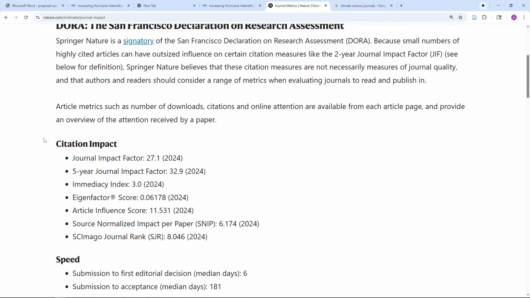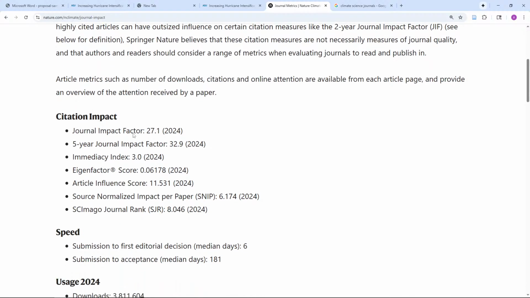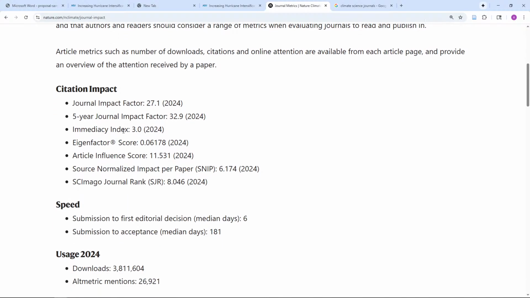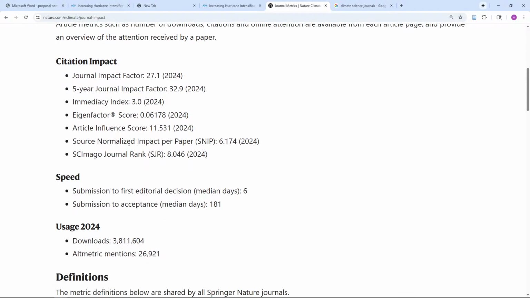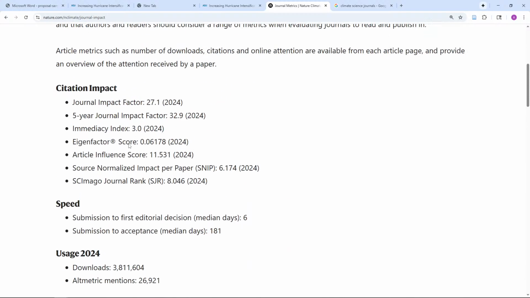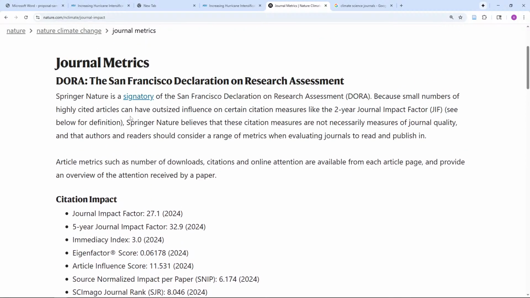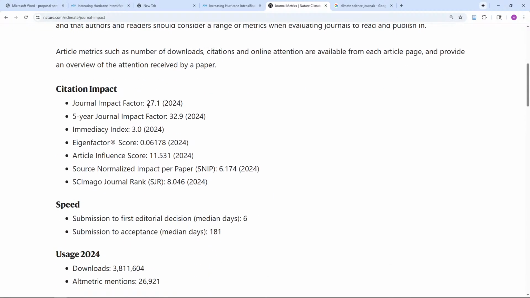Oh my God, see, it's a huge impact factor, 27. Let's check the immediacy index, Eigenfactor, article influence score, and normalized impact factor. That's a huge impact factor of 27.